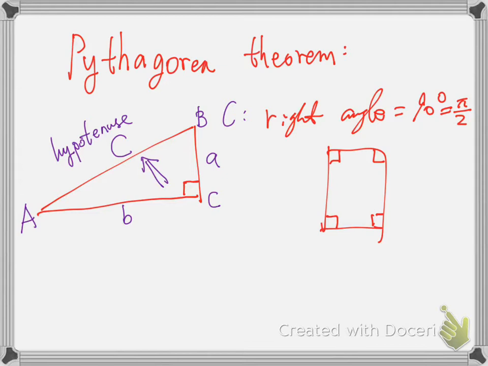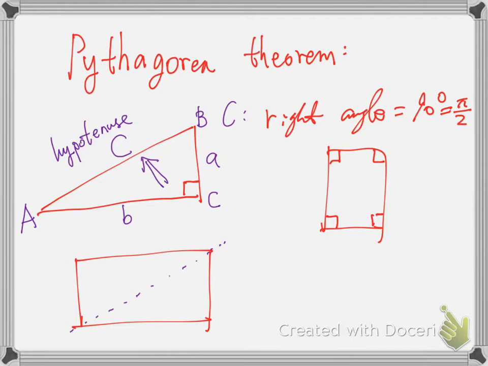If you know something about triangles, A and B are acute angles, and they are smaller than the right angle. How do we see they're smaller than the right angle? You can look at a rectangle. A right triangle basically means you cut along the diagonal of the rectangle, and then you get a right triangle.